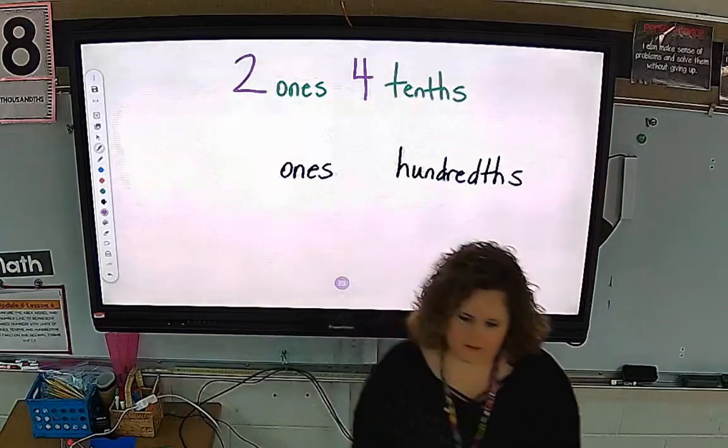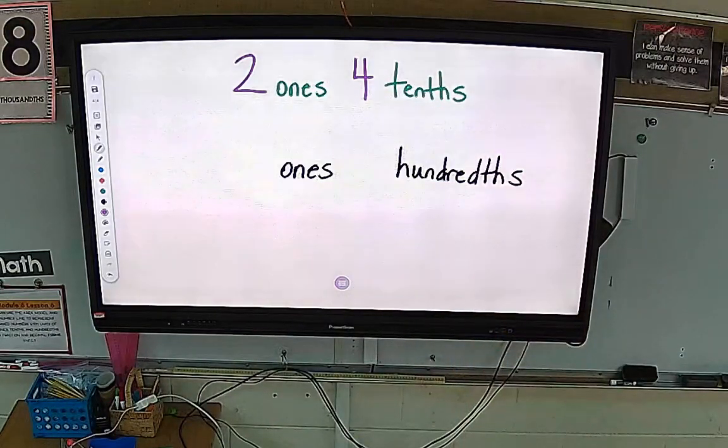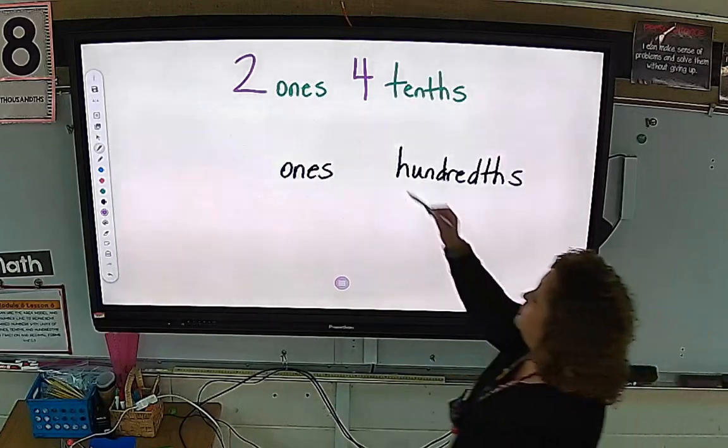What does that look like in decimal form? No, don't write the words. I want you to only write it in decimal form. I don't have time to look for you to write the words. What does it look like, Brandon? 2.4. 2.4.